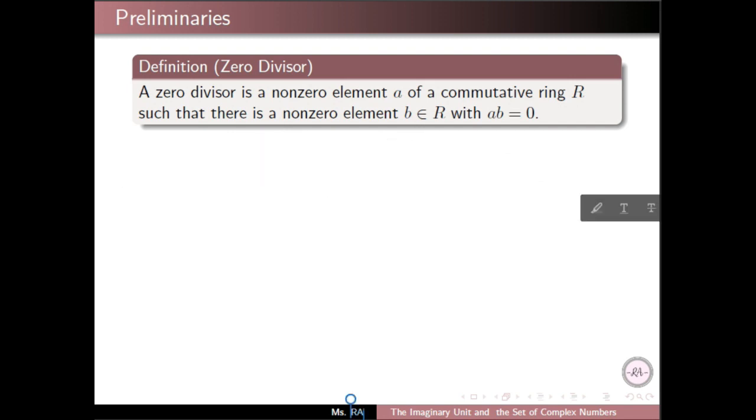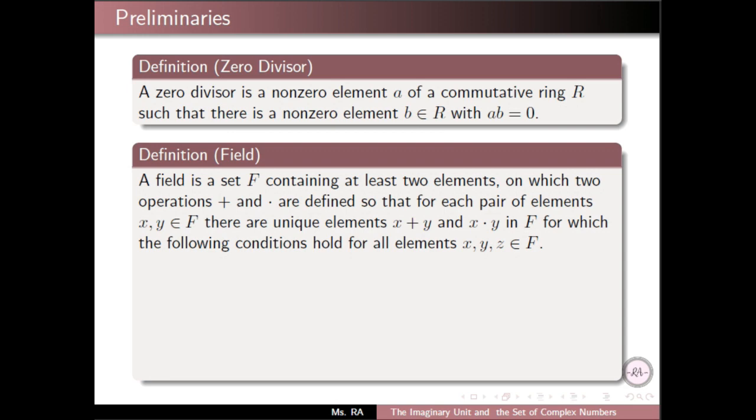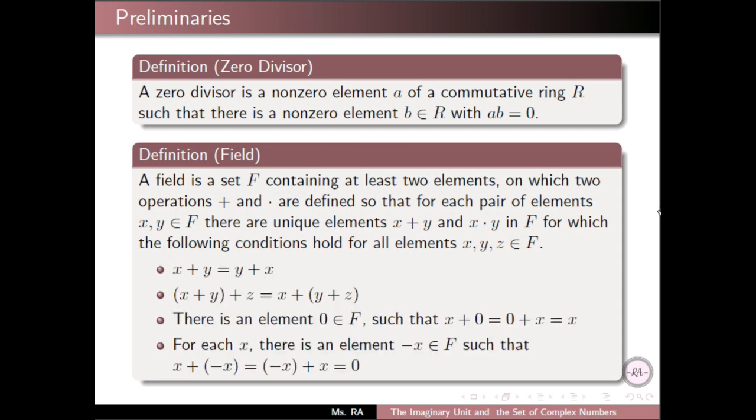Now, the second thing that we have to recall is the concept of a field. A field is simply a set F equipped with two binary operations, addition and multiplication. F is non-empty because it contains two elements. Aside from that, it also satisfies the following properties.